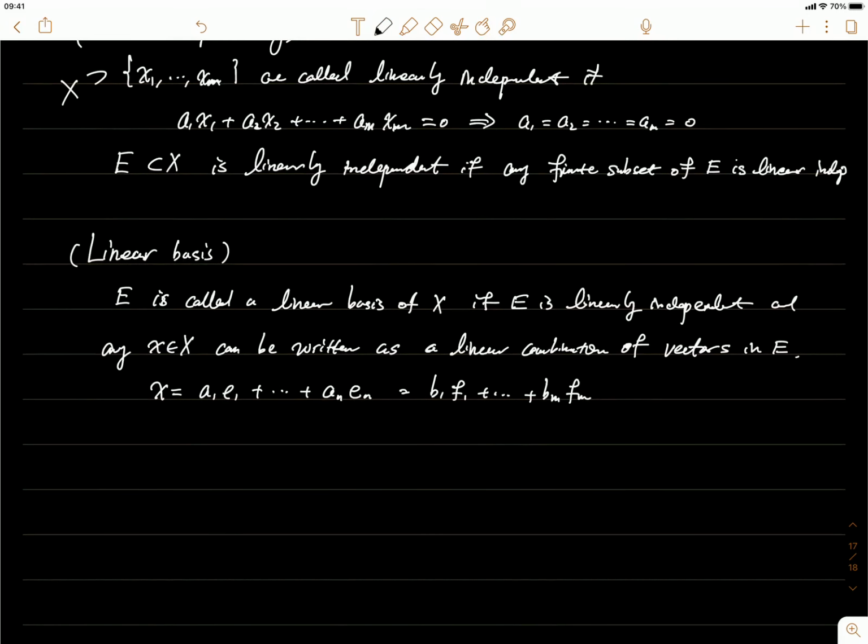Linear span. Linear span just means all the possible linear combinations from a set.